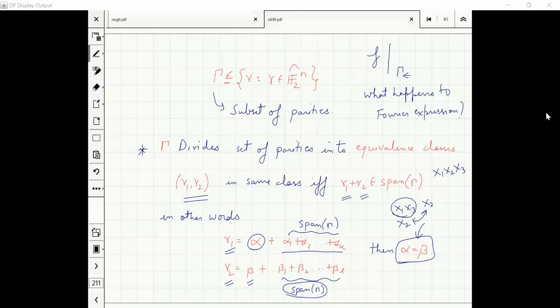You can pick any monomial in the sequence. But finally, you will be left with just one monomial for all of the parities in one equivalence class. Is that okay?